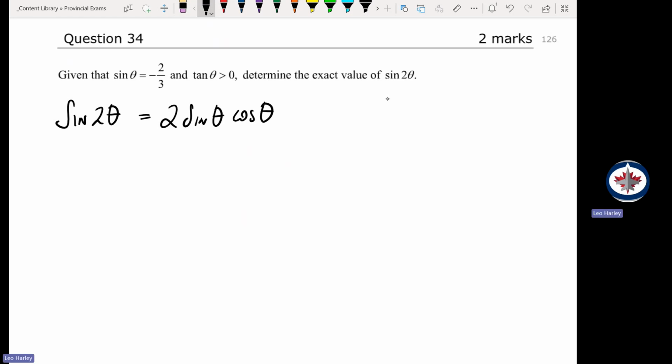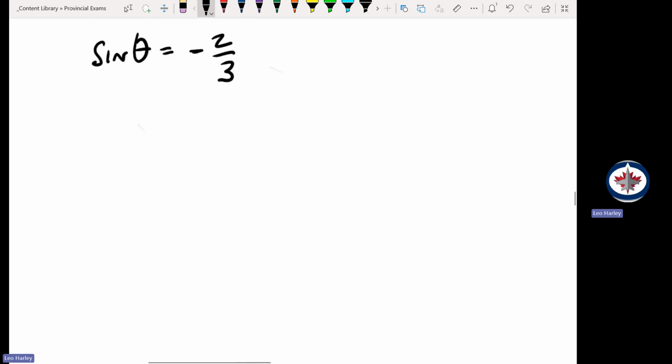So here's the good news. We already know that sine theta was given to us as -2/3. And someone said to you, if I give you one trig fraction, I've given you all of them. So what you're going to do, this is a good reminder, is draw a right triangle to remember this relationship. We just presume theta is here.